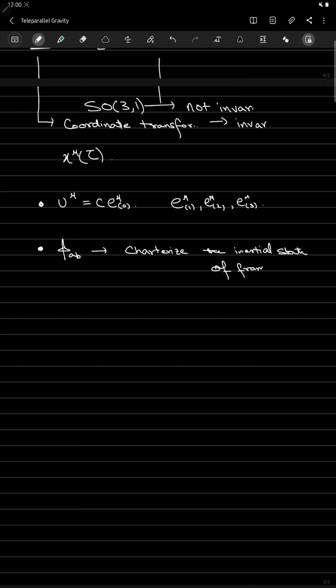So these are the two main things that you should have gotten out of this lecture. And next time I'm going to look at the Lagrangian formalism for this teleparallel gravity.